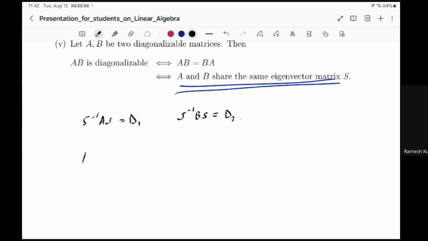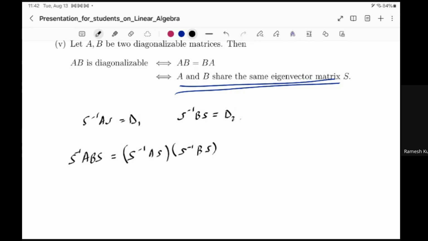Then S inverse ABS is really equal to S inverse AS times S inverse BS.